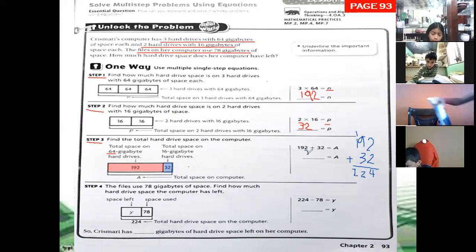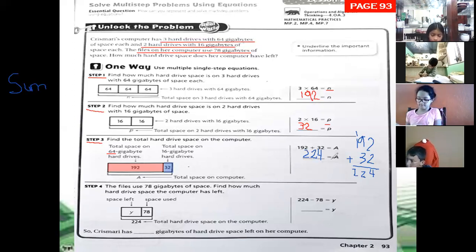So these represent this sum, because the answer of an addition is a sum, represent the variable A, okay?